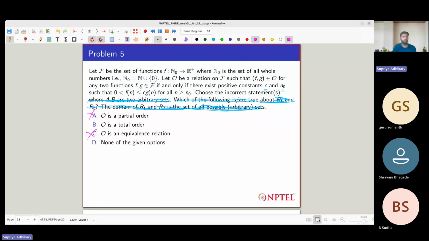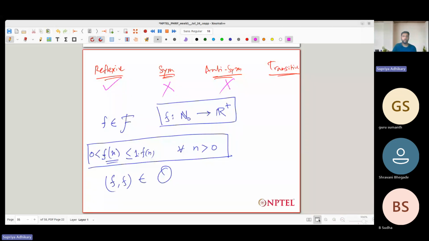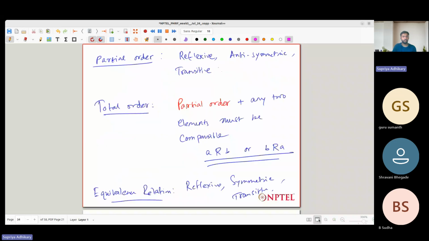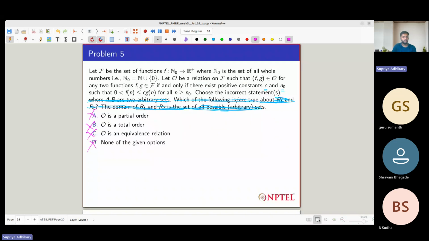So we don't have to really check the transitivity property, but if you want, you can also check that. Oh, sorry, the question was to select all the incorrect statements. So this is definitely incorrect, and these are correct.